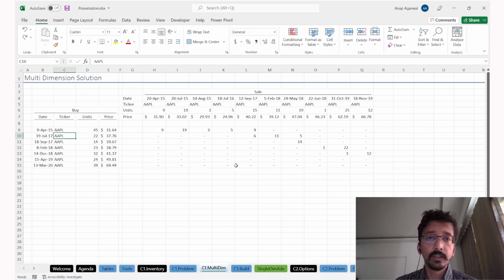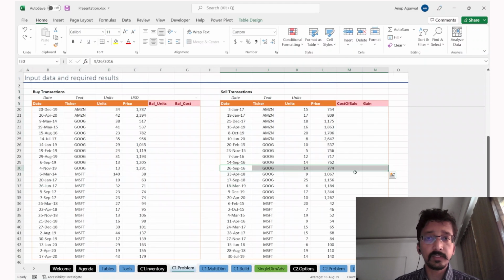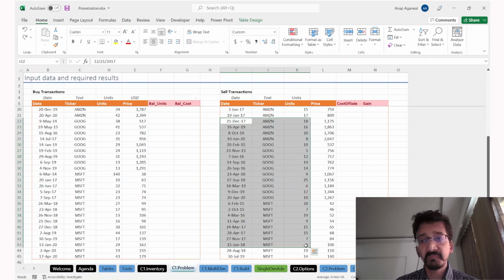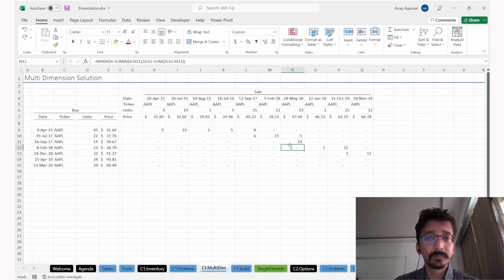And so I am suggesting that we want to convert this solution into a single dimension solution, where we can very simply build a large, or like a manageable size, table, where each of these sale matchings is actually a single row for our table.